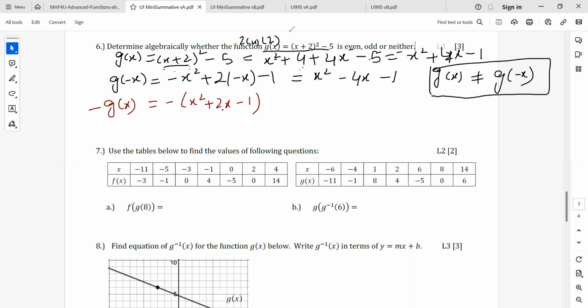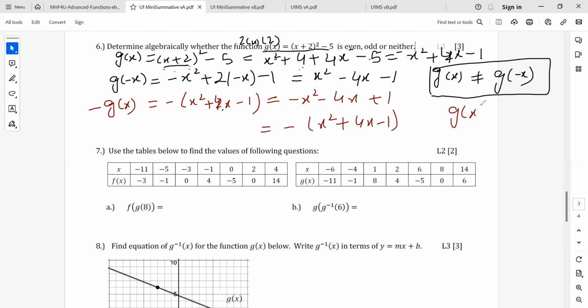Anyways, x square plus 4x minus 1, which will be equal to minus x square minus 4x plus 1. If we take minus common, it would be x square plus 4x minus 1.